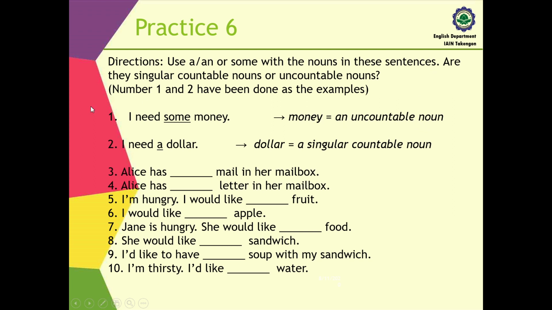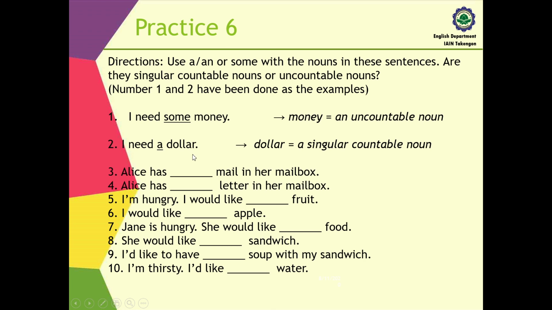Okay, let's see the next example. I need $1. Dollar can be counted. Money cannot be counted, but dollar we can count it. $1, $2. Let's see that this word doesn't end with s here. It means it's singular.